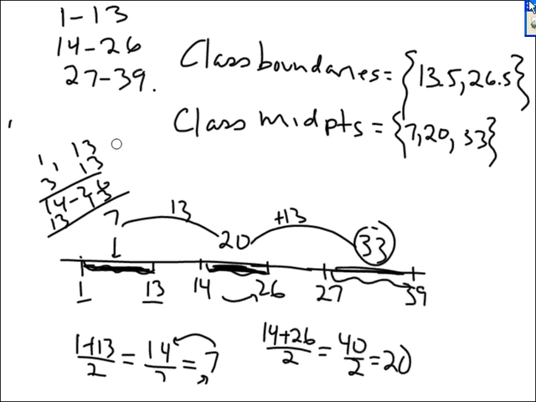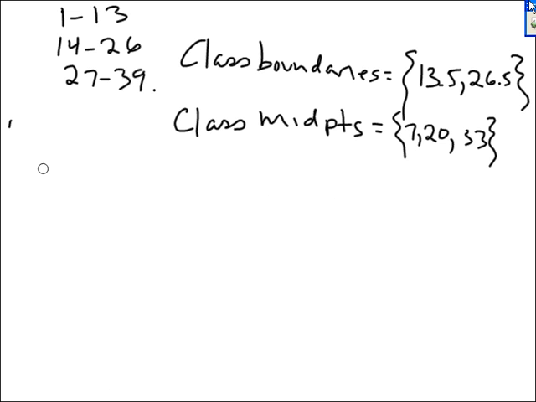When somebody asks you for the midpoint of something, that means they want you to add them up and divide by 2. But you have to know what they're talking about. When it comes to class midpoints, it's the lower class limit and the upper class limit. You want to find the average of them.